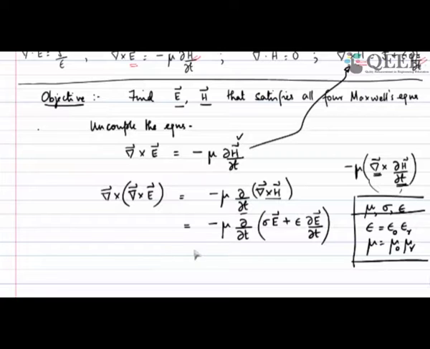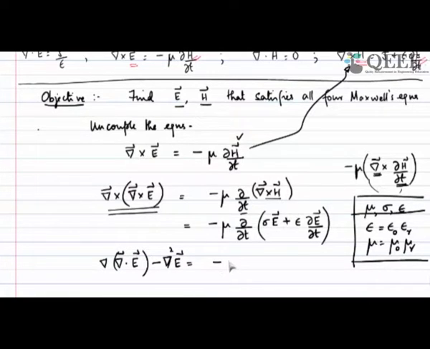Now the left hand side is from vector calculus. Del cross del cross E is del of del dot E minus del square E. This is a vector identity.